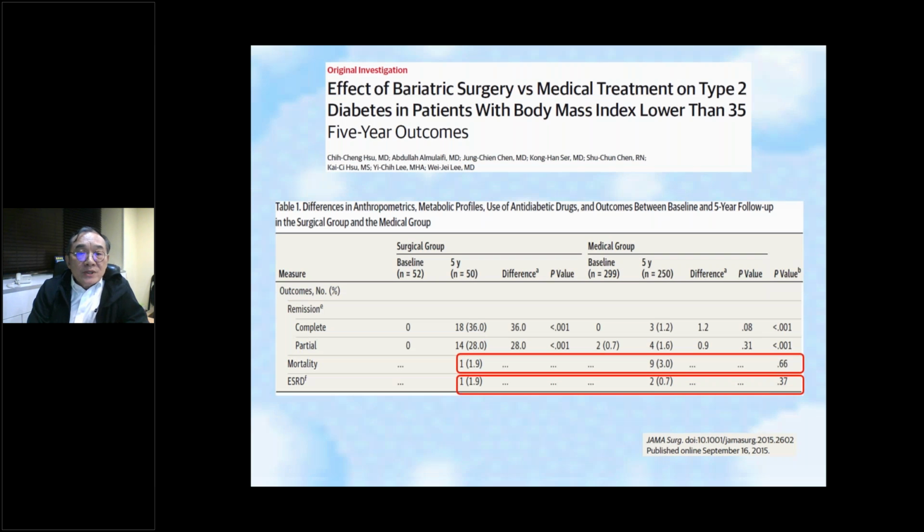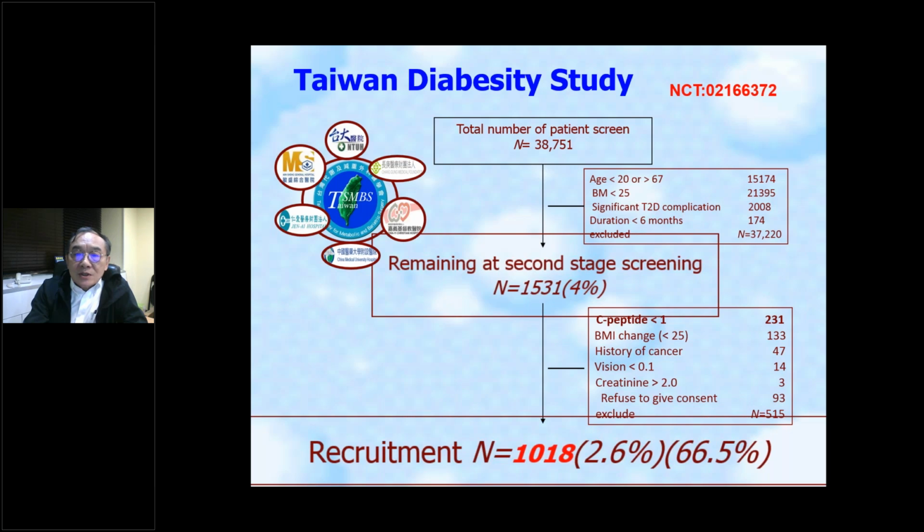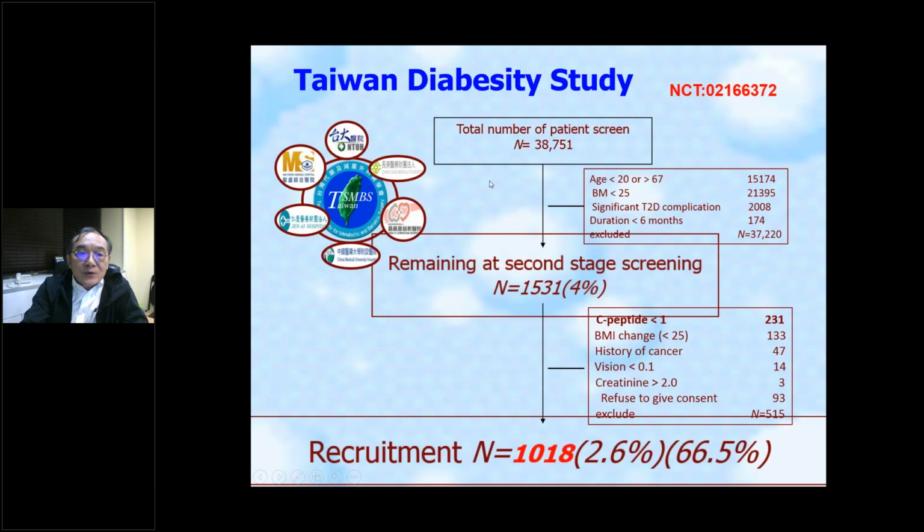So in order to resolve this problem, we launched the Taiwan diabetes study. I would like to introduce that we recruited 1,000 patients. We intend to follow them for 10 years to look at the solid outcome of diabetes.